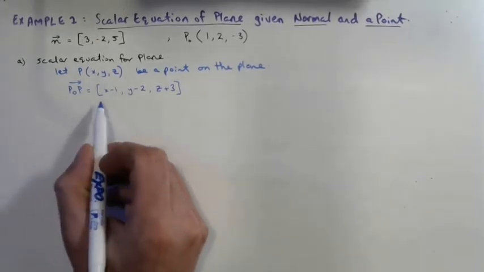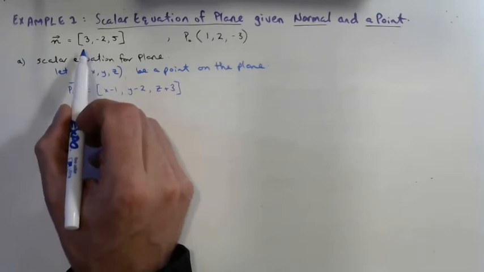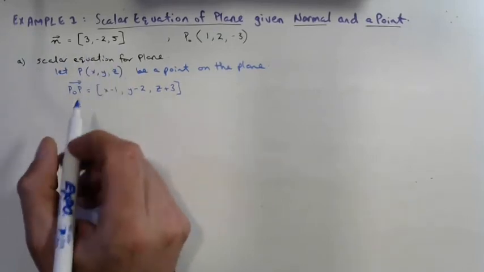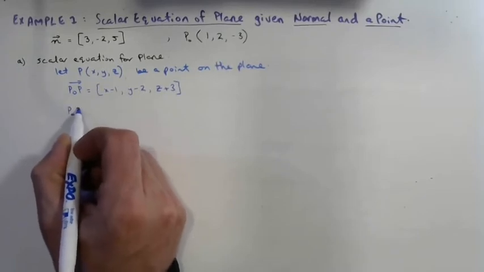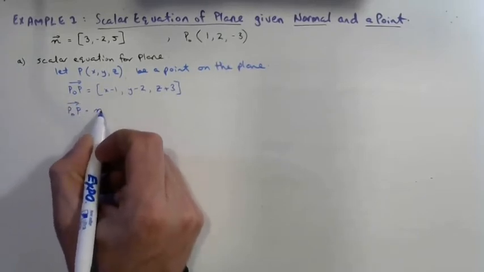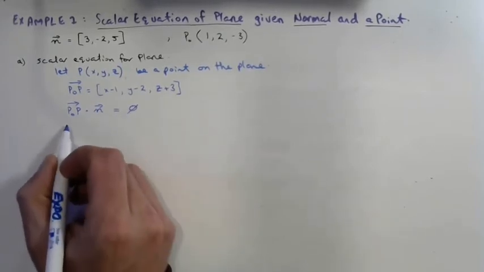Now, if this is a vector on the plane, it must be perpendicular to, or orthogonal to, our normal vector, which means that the dot product will be 0. So P naught P dot n equals 0. Let's fill in our vectors.